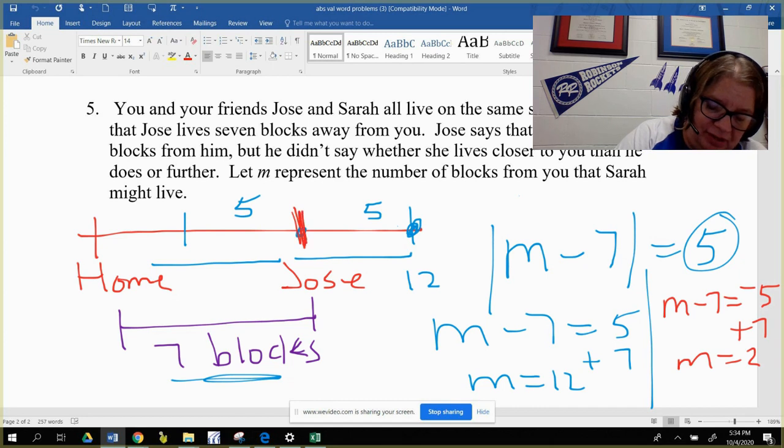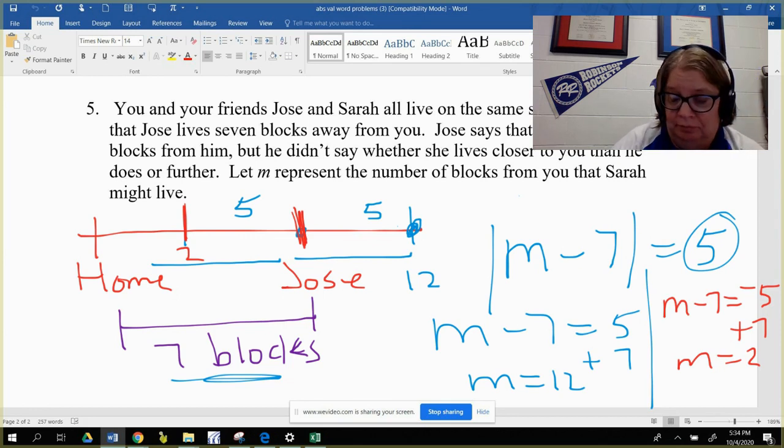And it makes sense if Jose is 7 blocks from you, and you go 5 blocks this way, then that's going to be 2 blocks from you. Absolute value. Put your difference between the actual, what you know, and what you don't know, in the absolute value. The over or under number, plus 5 or minus 5, goes after the equal sign.